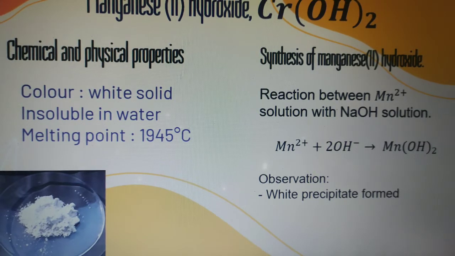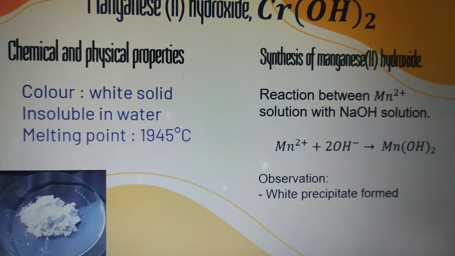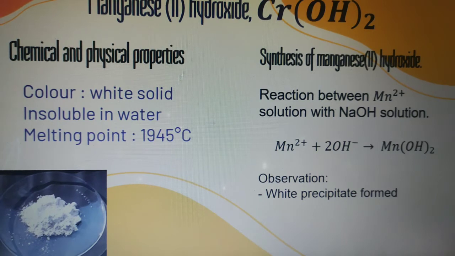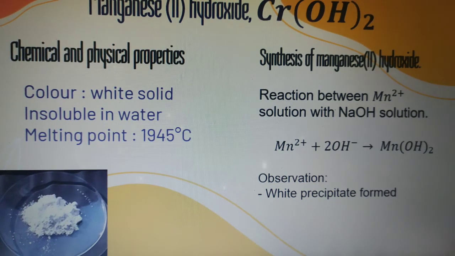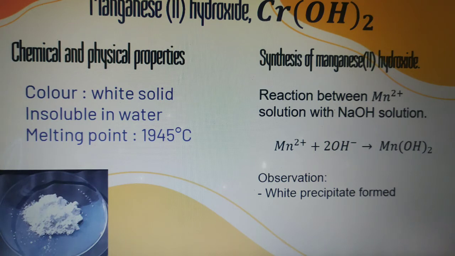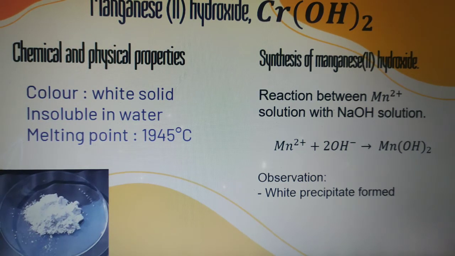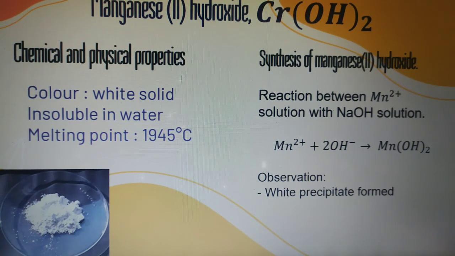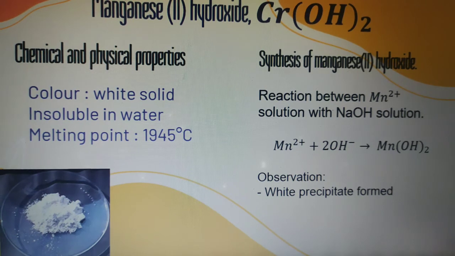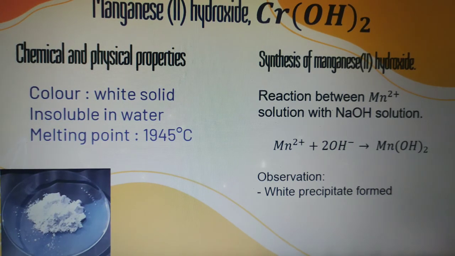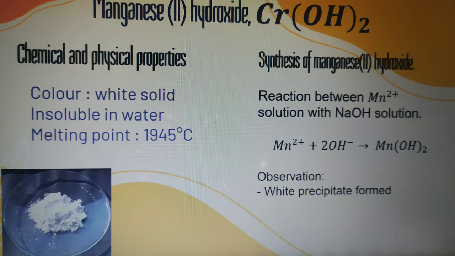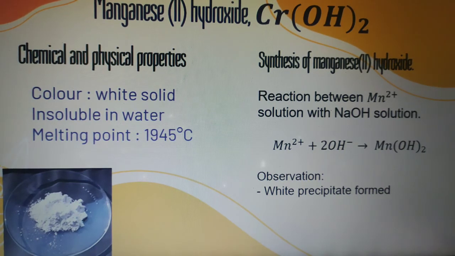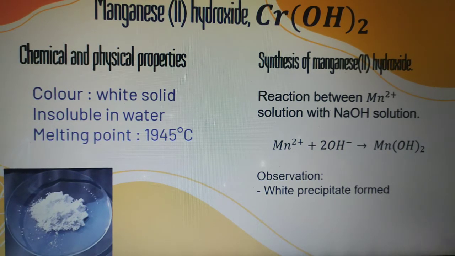Secondly, I would like to talk about manganese 2 hydroxide, which has the molecular formula Mn(OH)2. As for the chemical and physical properties of this compound, it is a white solid, as shown in the picture below, it is insoluble in water, and it has a melting point of 1945 degrees Celsius.